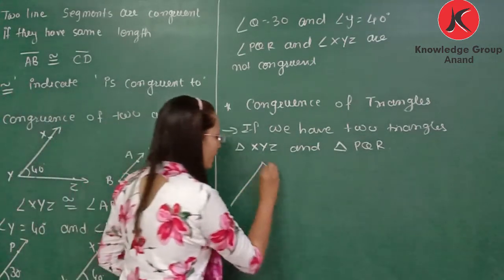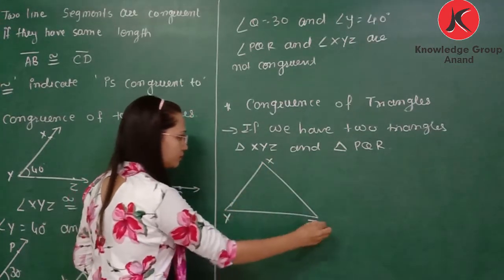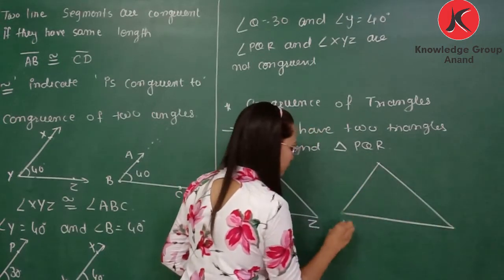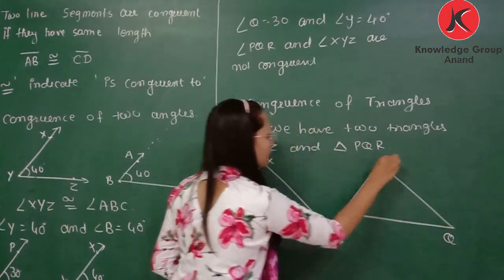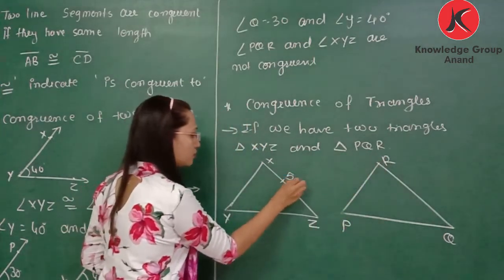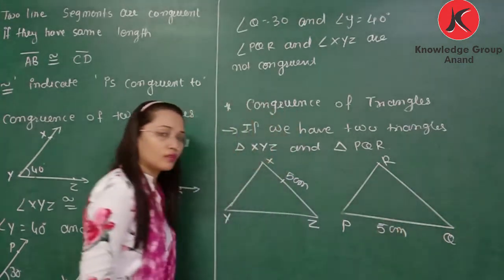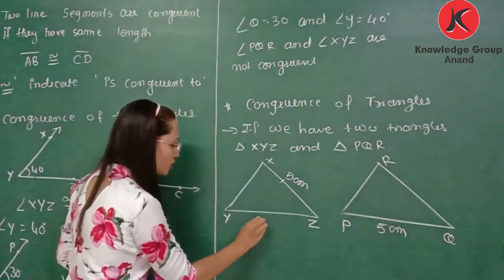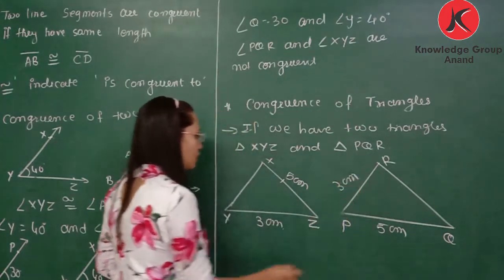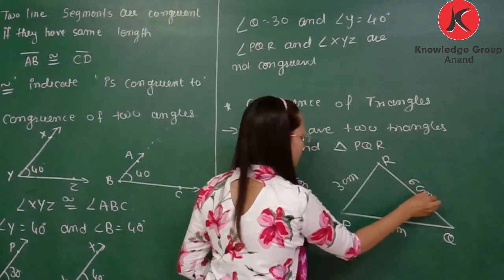Let's consider triangle XYZ and triangle PQR. Let's say this is 5 cm and this length is 5 cm. Now consider this as 3 centimeters and this length is 3 centimeters. This is 6 centimeters and this is also 6 centimeters.